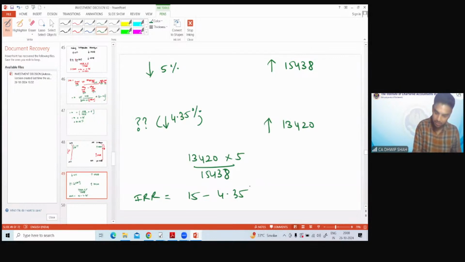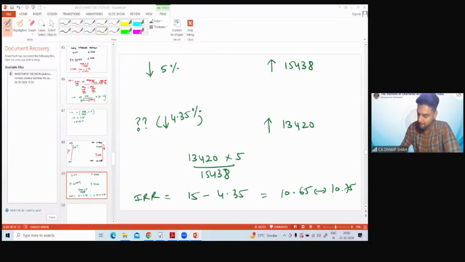So it comes to roughly 10.65, 10.75 only. Yes or no? So the answer is one and the same. There would be some deficiency in my calculation, as I said. So 13,120 into 5 divided by 15,438. Yeah, it is 4.25. The answer is 4.25. So exactly it comes to 10.75.